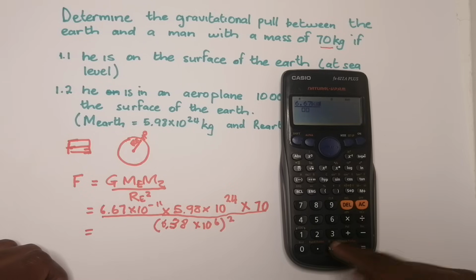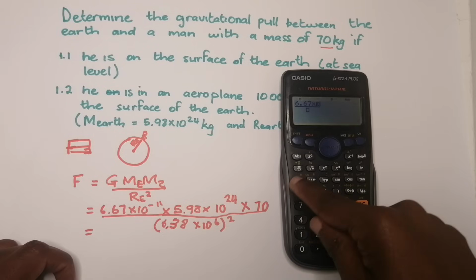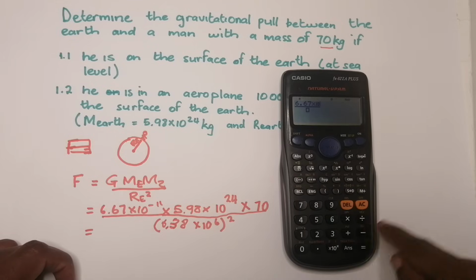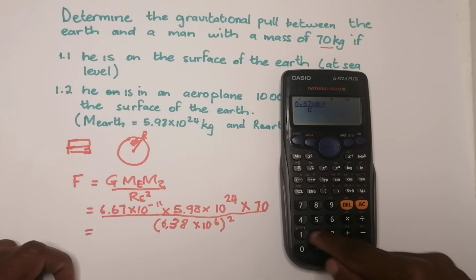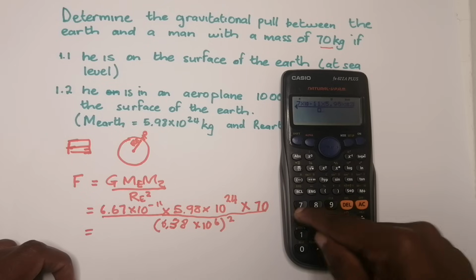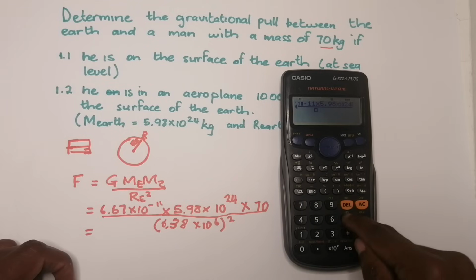Obviously, if you're using a different brand, it doesn't really matter. So I press that button, and I want minus 11. So I'm going to use this minus over here, not the one there. So that's minus 11, and I multiply that by 5.98. Again, exponent button, and power 24, multiplied by.